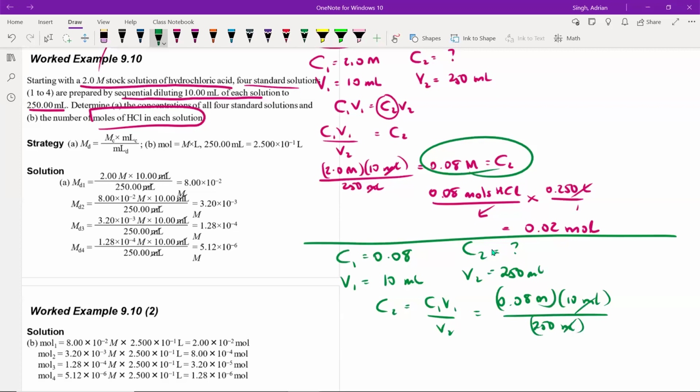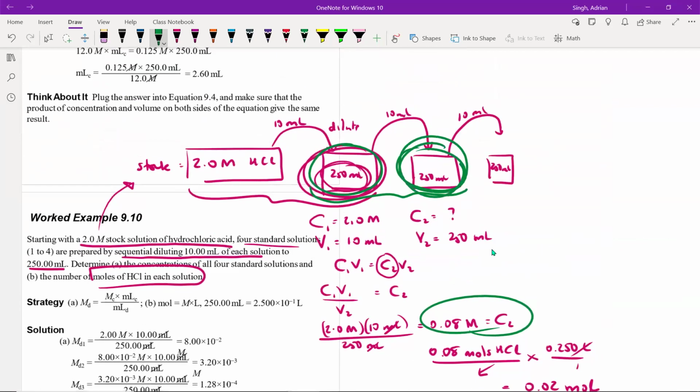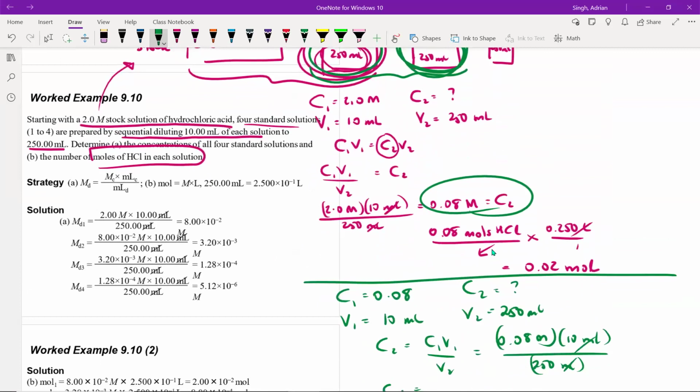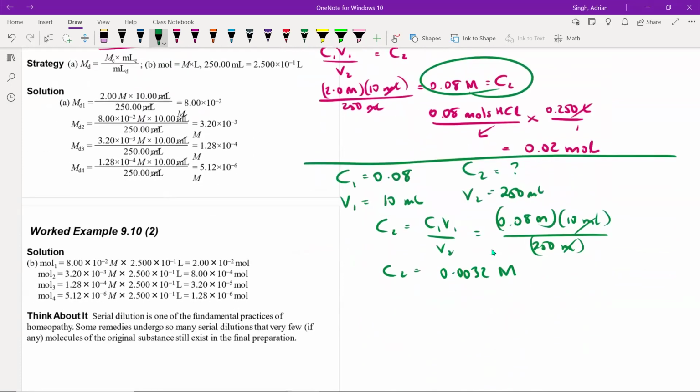Units cancel. So my C2 then, which is actually my third, this one down here, this concentration that I calculate there would be 0.0032 molar. And if I want to find the number of moles in that now, I would take my concentration and multiply it by the volume.